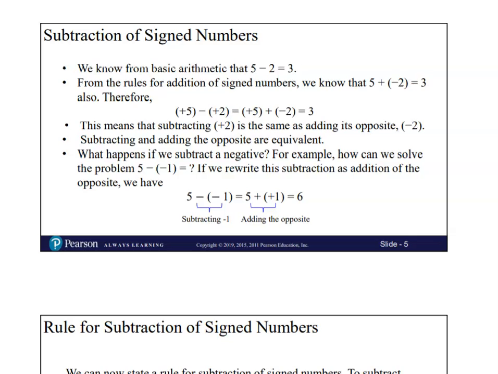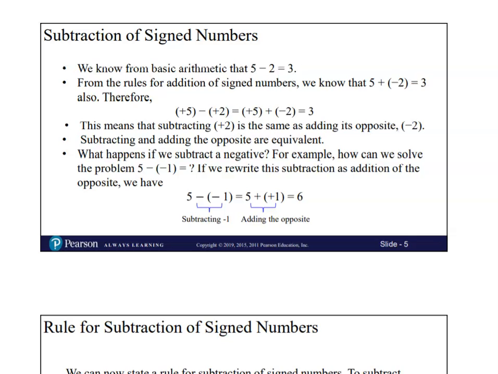From the rules for adding signed numbers, we know that 5 plus -2 is 3. Therefore, +5 minus +2 equals +5 plus -2, which is also 3. This means that subtracting +2 is the same as adding its opposite. Subtracting and adding the opposite are equivalent.